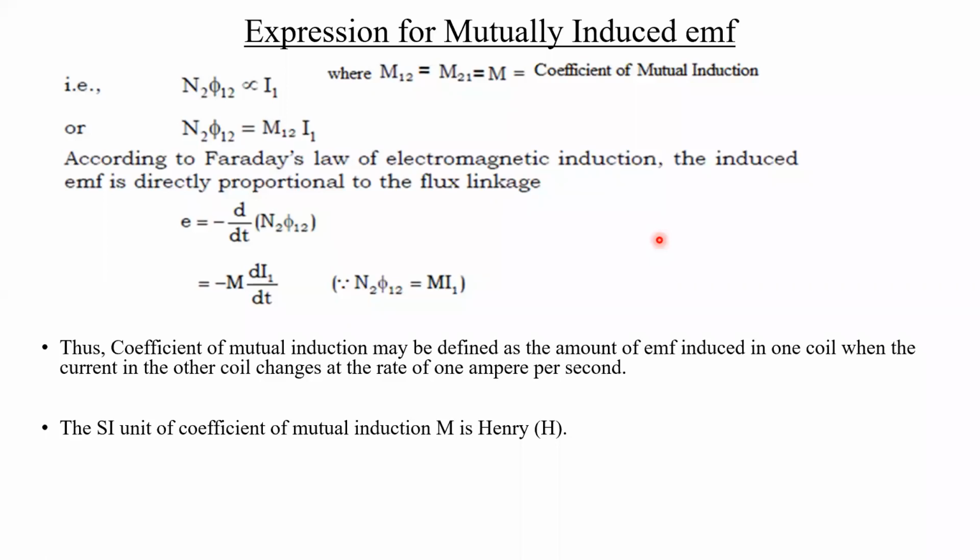So what is M? M is the mutual inductance. If di1 by dt is equal to 1, then E is equal to M. So the mutual inductance can be defined as the magnitude of EMF induced in coil 2 due to a change in current in coil 1 at a rate of 1 ampere per second.